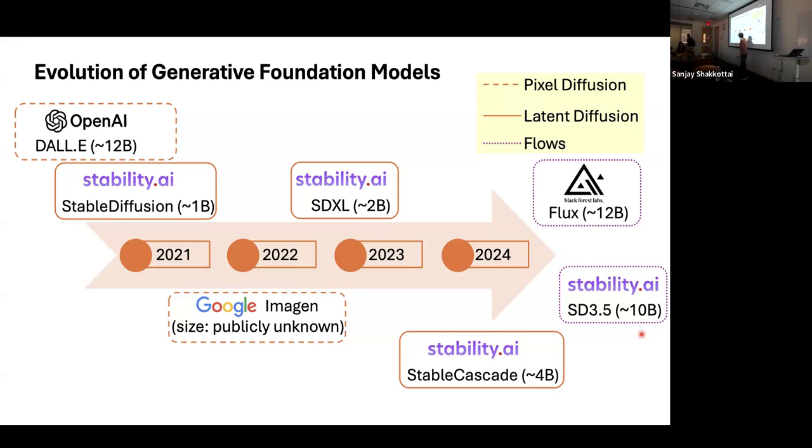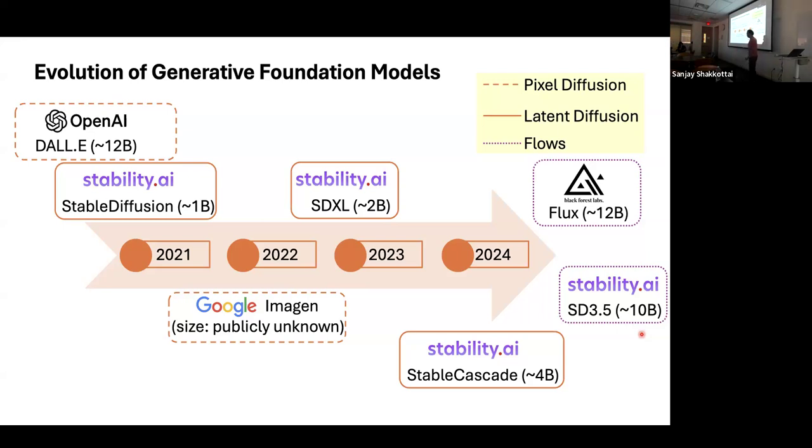Around that time, Google's Imagen was again a pixel space internal model. We don't know the size, at least not publicly. The publicly known ones are the Stability AI pipeline, as well as the most recent one, Flux. These foundation models scaled up, with Stable Cascade being about 4 billion parameters.